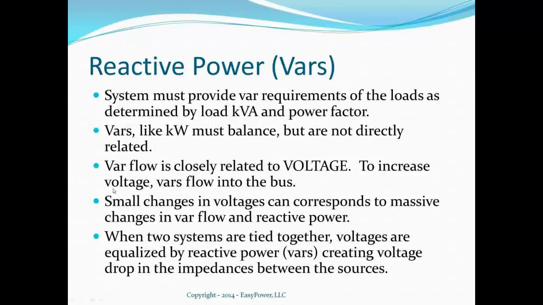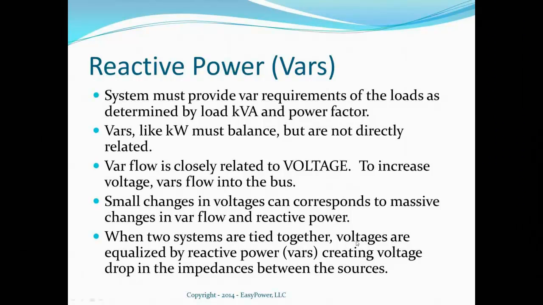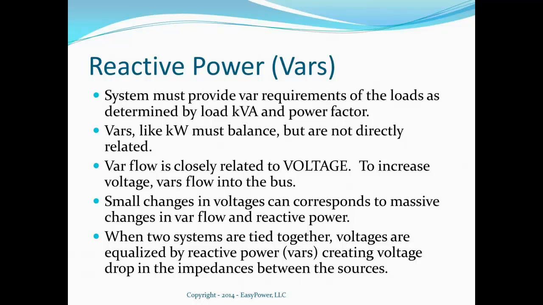And when you have things like a generator tied to a grid, or you have two grid sources, very small changes in voltage can make huge differences in your VAR flow and reactive power. So we'll see when we do the two utility sources, if you have two sources tied to a common bus somewhere, those two voltages are the same at that bus.